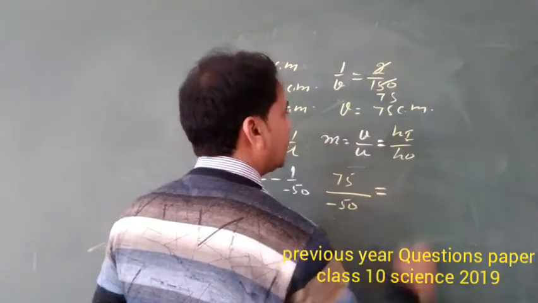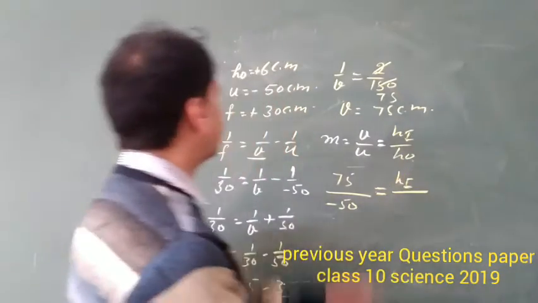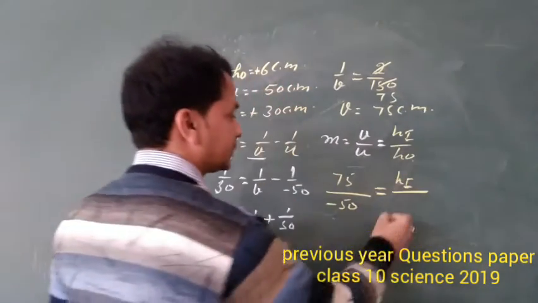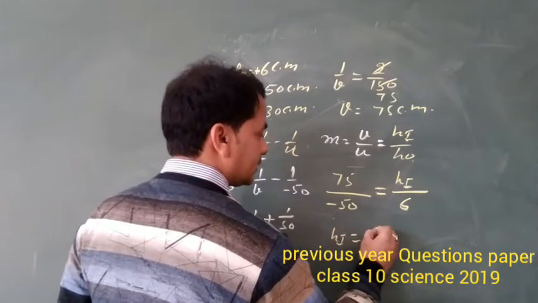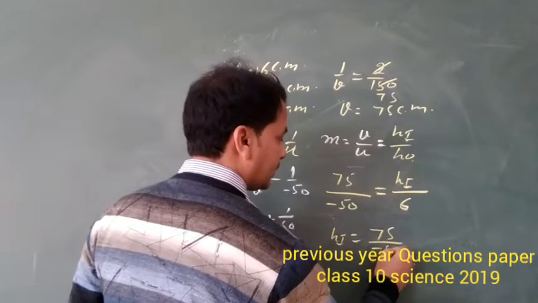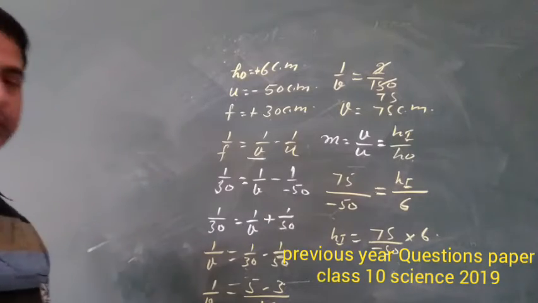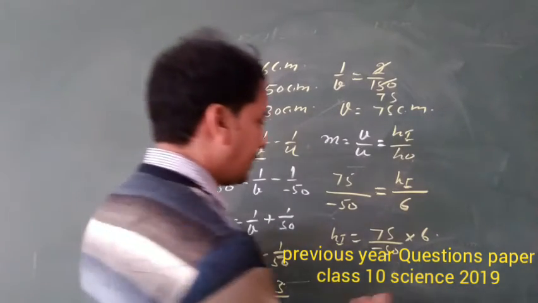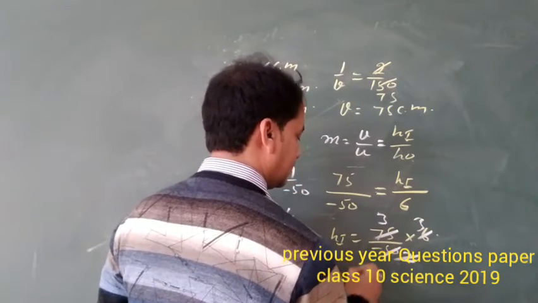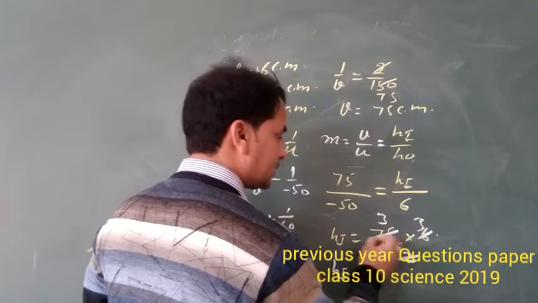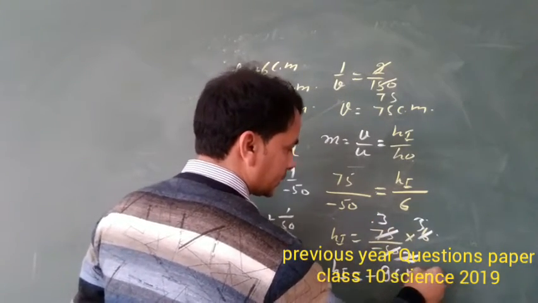The height of the object is 6 centimeter. Then height of image equals 75 by minus 50 into 6. Here 75 divided by 25 is 3, so the height of image is minus 3 into 3, that is minus 9 centimeter.